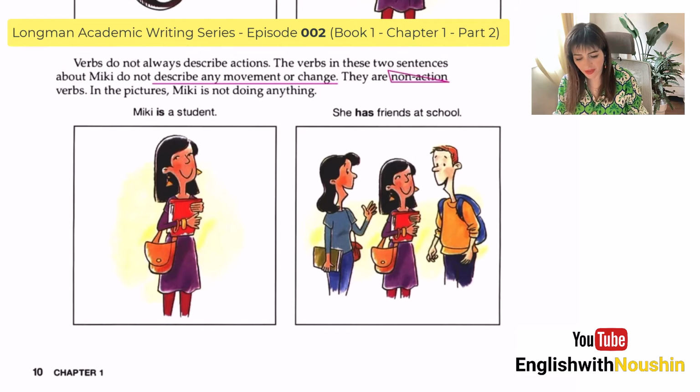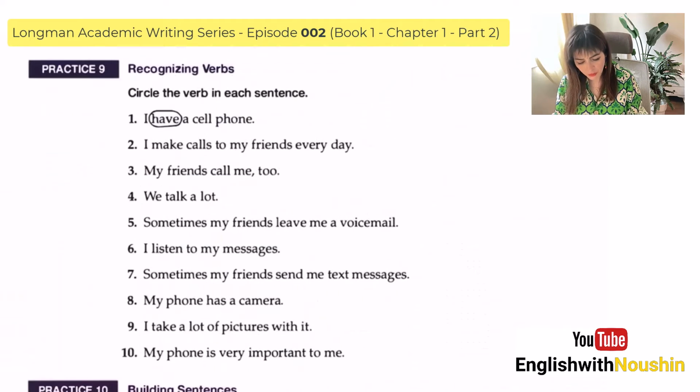For example, Mickey is a student, she's not doing anything, and she has friends at school. Again, there's no movement, there's no change. She just has friends at school, and she is a student. So we call them non-action verbs.